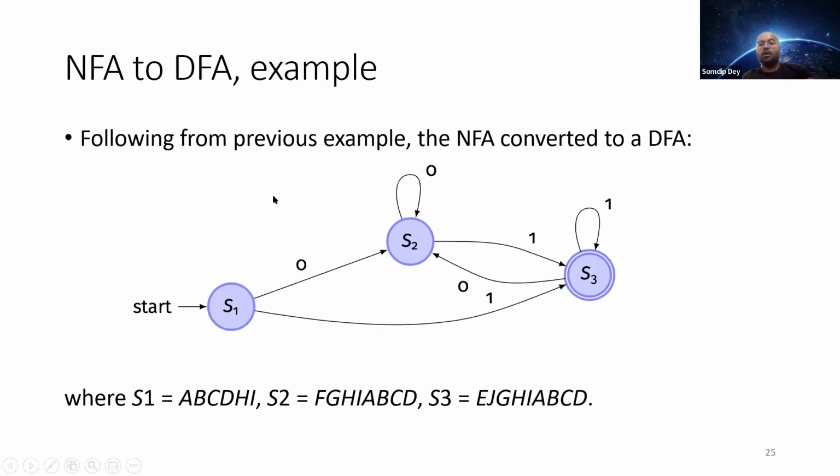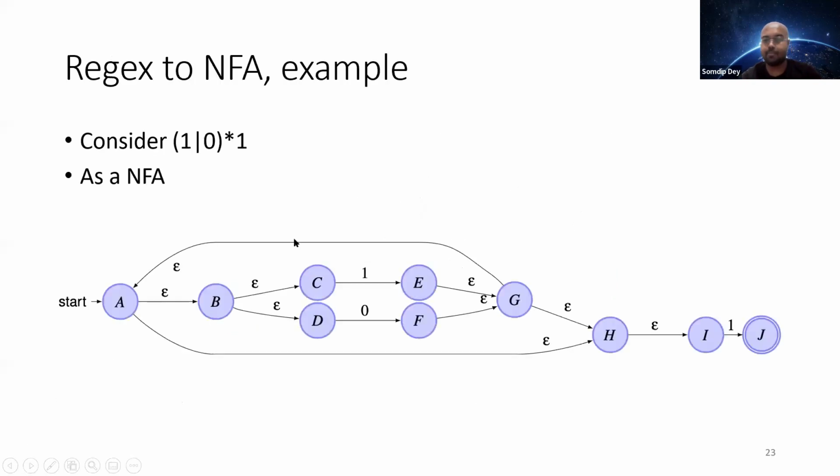Now, this example is the NFA for the regular expression 1 0 star followed by 1. If we have to now convert this to DFA, first remember that two things need to happen.